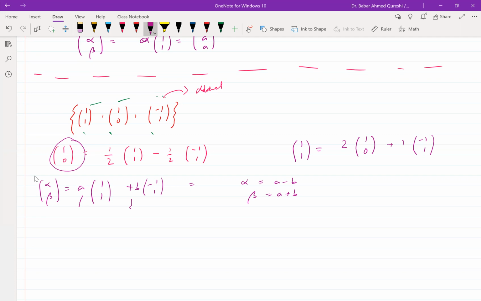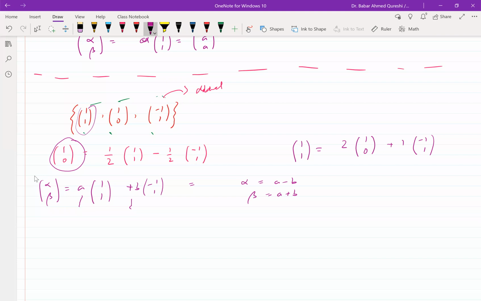But then we started deleting and came down to the minimal possible number, which will generate my vector space. Then this became unique. So this will turn out to be actually a theorem. Similarly, I can do it with deleting this guy and retaining the other two. And you can very easily check. They will also be a span.